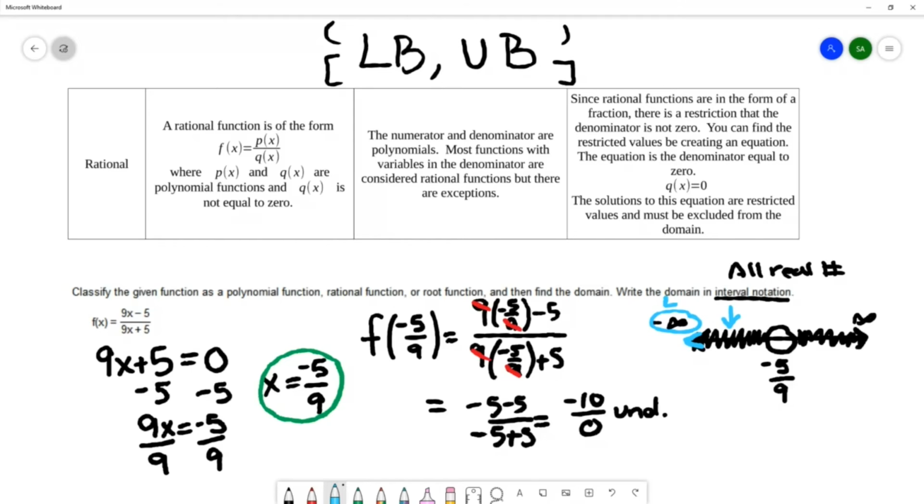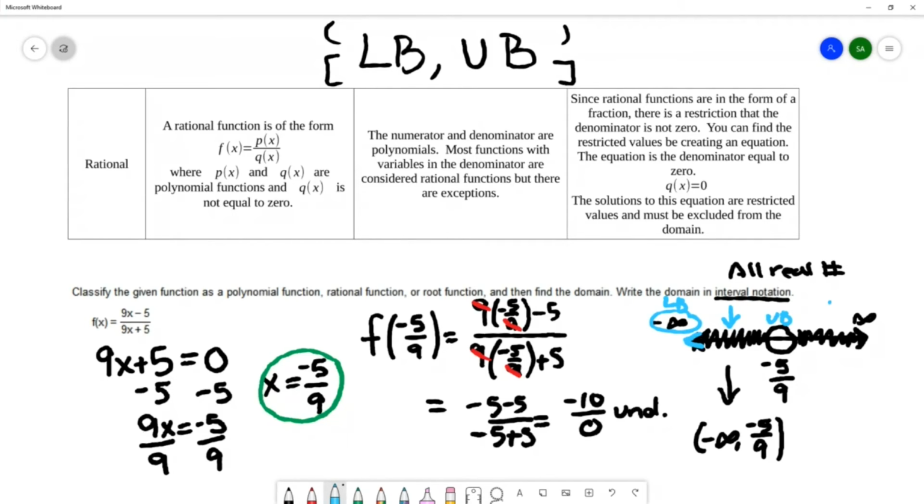So our lower bound is -infinity and our upper bound is -5/9. So that interval is -infinity to -5/9. And I'm using a parenthesis on this because the parenthesis has the same meaning as the open circle. That number is not included in the set.